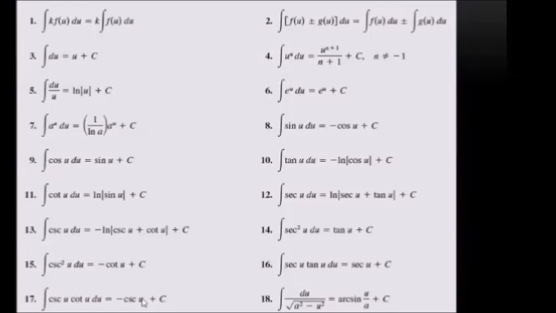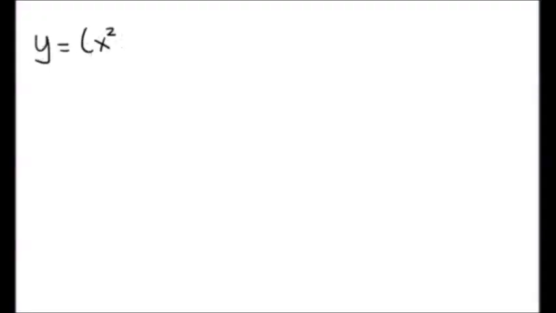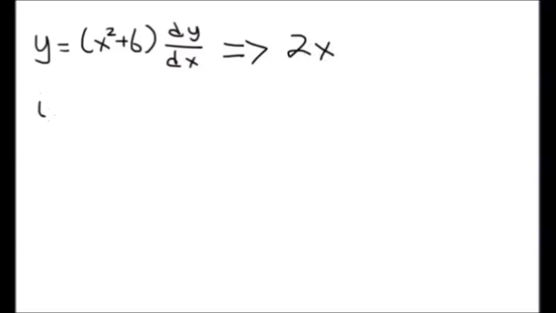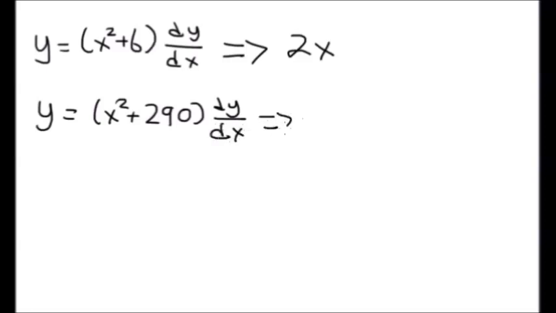When you take a differentiation of a function, any constant is reduced to 0. This means that, for example, if you take a differentiation of y equals x squared plus 6, or y equals x squared plus 290, you would simply get y equals 2x. The differentiation of both of these functions is the same.